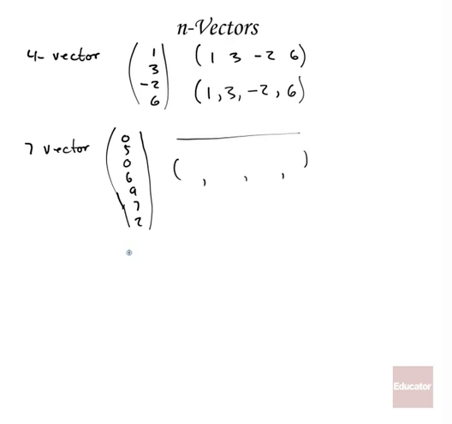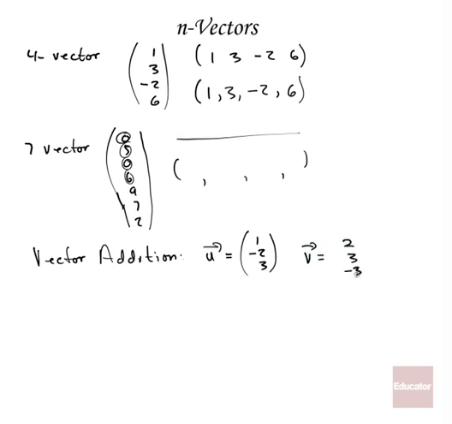Okay, let's talk about vector addition. Last time we said that when you add two vectors together, you're just adding the individual components, in other words, the individual numbers of those vectors. So let's do an example with a 3-vector. Let u be 1, -2, and 3, and let v be 2, 3, and -3.